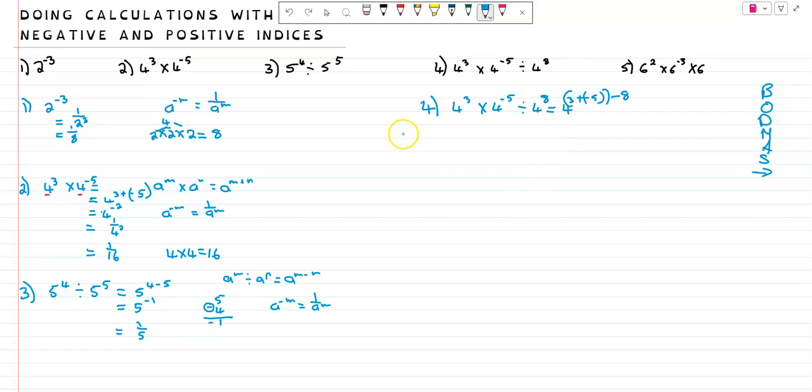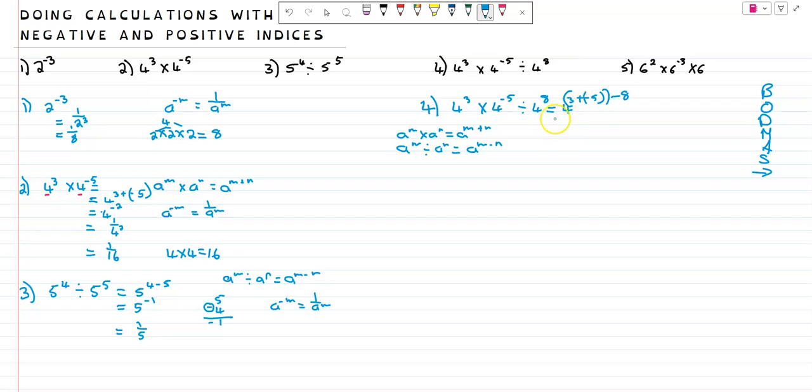We write it here: a to the power of m times a to the power of n equals a to the power of m plus n, and we're also incorporating a to the power of m divided by a to the power of n equals a to the power of m minus n. Okay, so those are the two rules that we're incorporating.